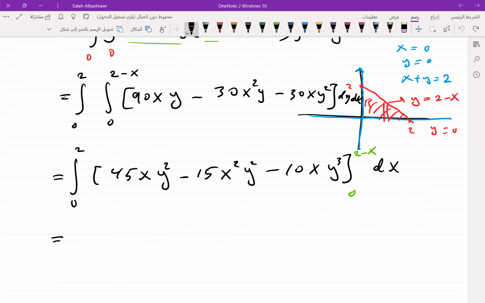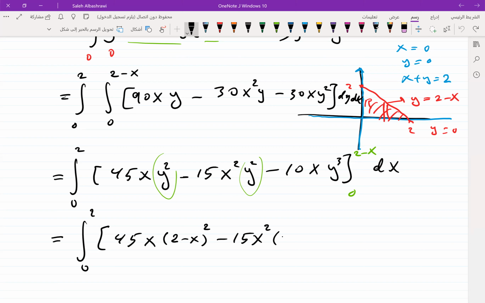Which is equal to, I can take y squared as a common factor for these, or I will leave it now. 0 to 2 of 45x multiplied by (2 minus x) squared minus 15x squared multiplied by (2 minus x) to the power 2 minus 10x multiplied by (2 minus x) to the power 3, dx.